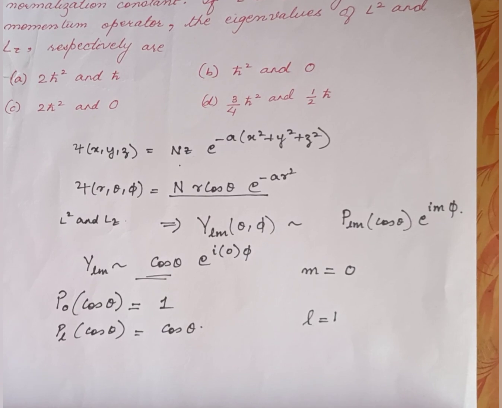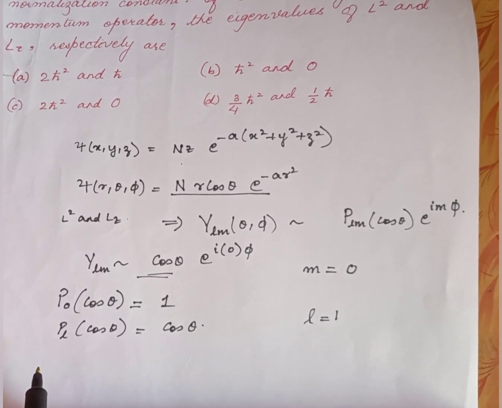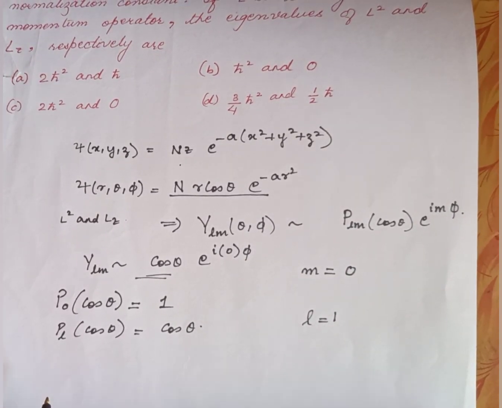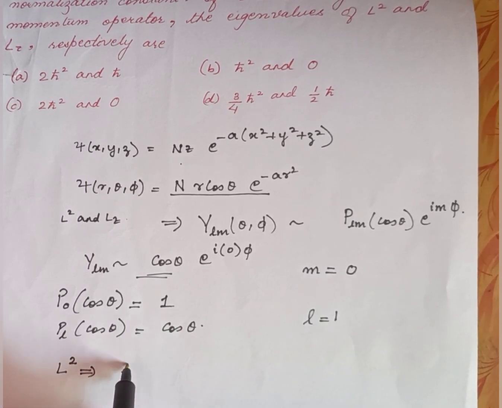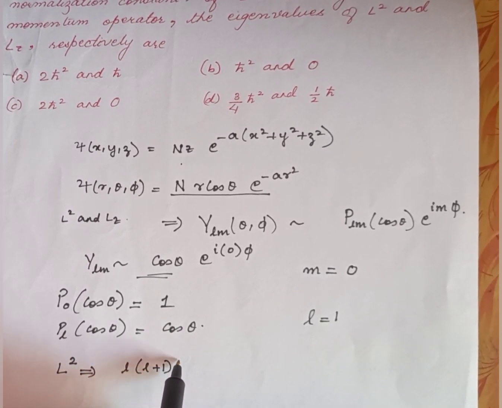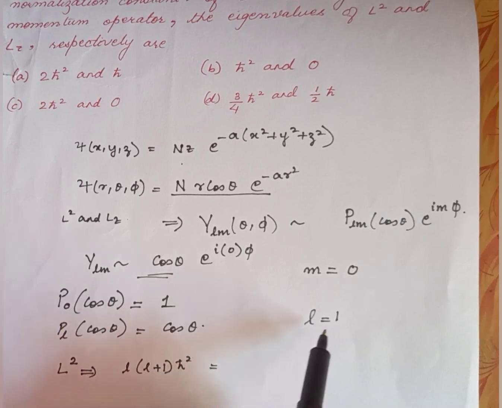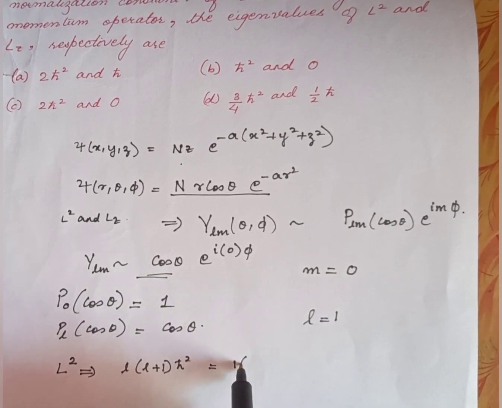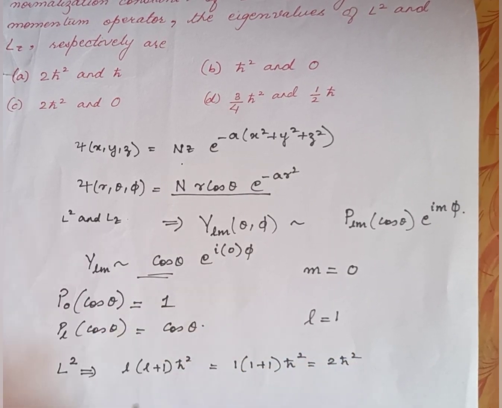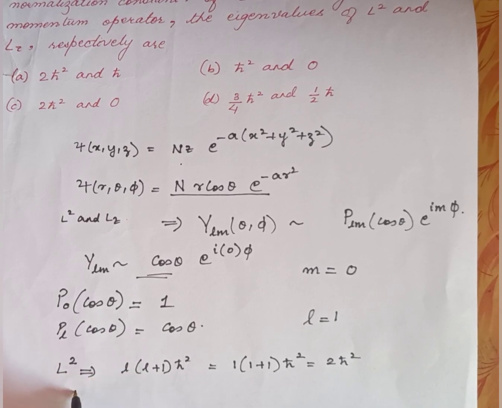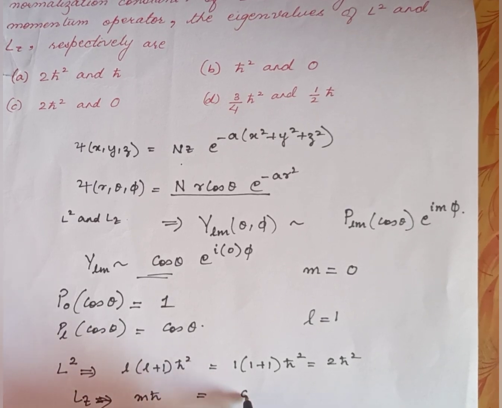So what I do now is, the eigenvalue of L square is given by L into L plus 1 h cut square. Hence from here my L is 1, so it is 1 into 1 plus 1 h cut square, which is twice h cut square, and my m, the eigenvalue of Lz is m h cut, hence it is given by 0.